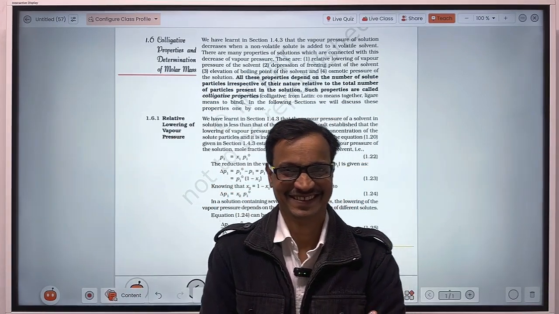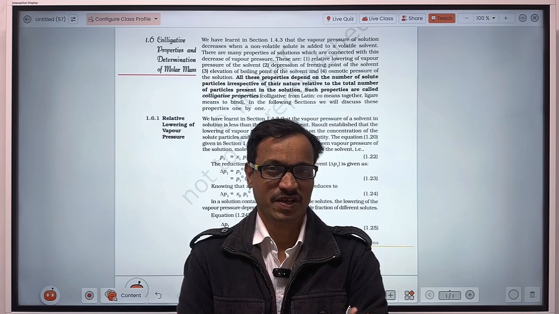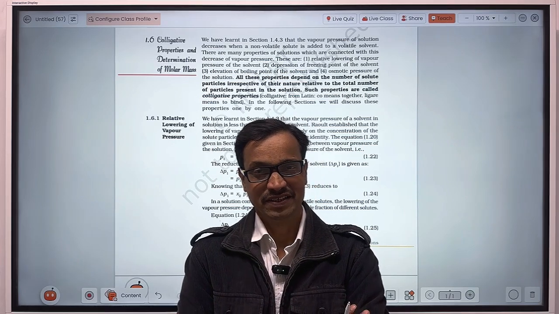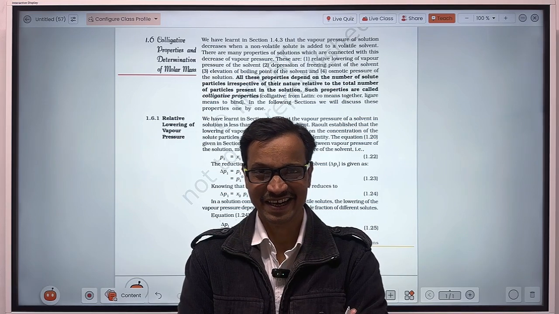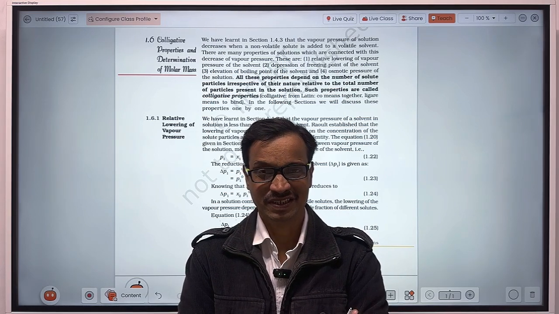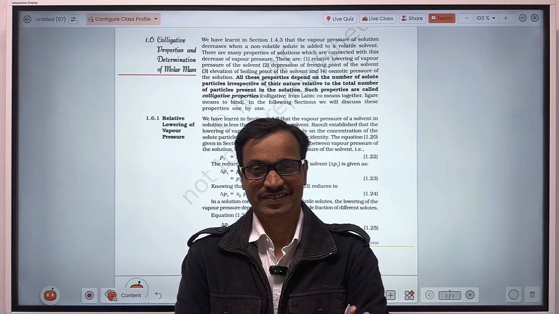What are colligative properties? Those properties of the solution which only depend on the number of moles of solute and do not depend on the nature of solute or the solvent particles.